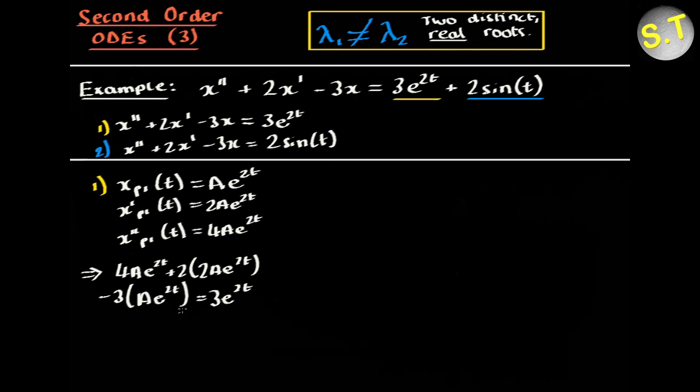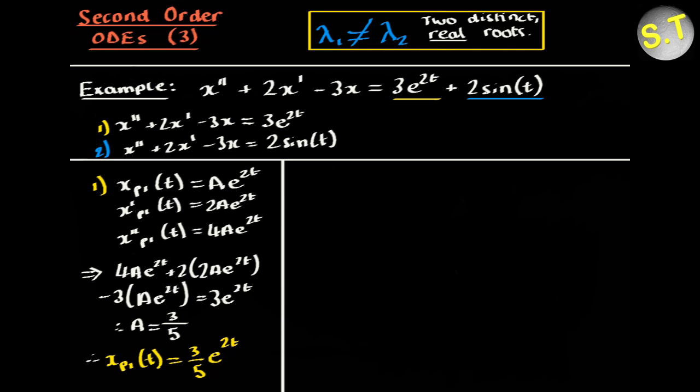And now we can simplify this quite trivially and find that a is going to be equal to 3/5. So therefore our first particular solution, P1 of t for this specific problem, is equal to a, which is 3/5, e to the 2t.